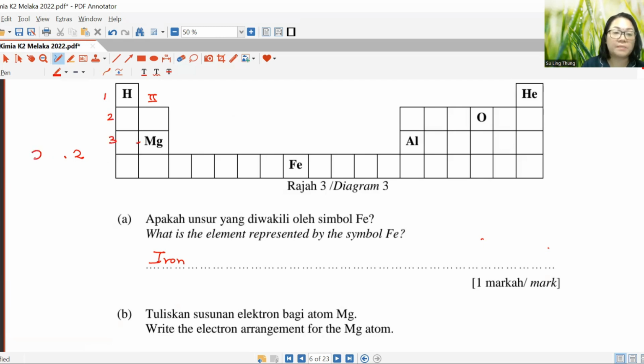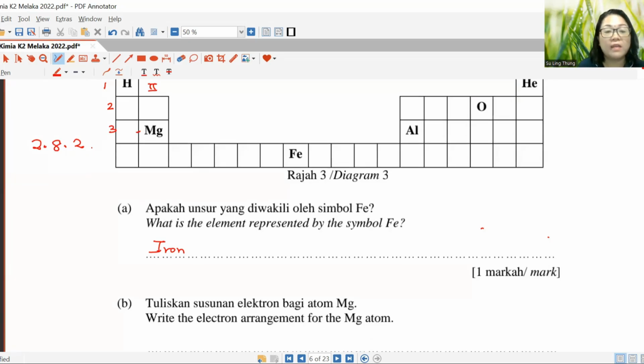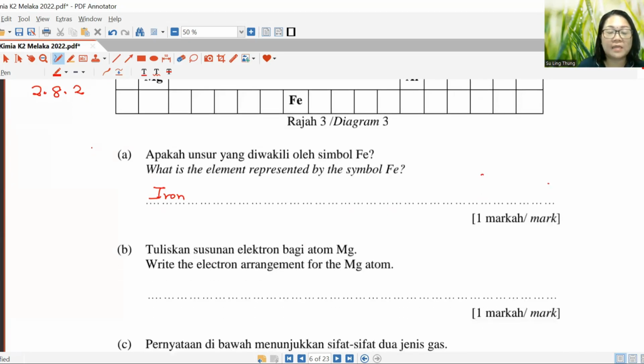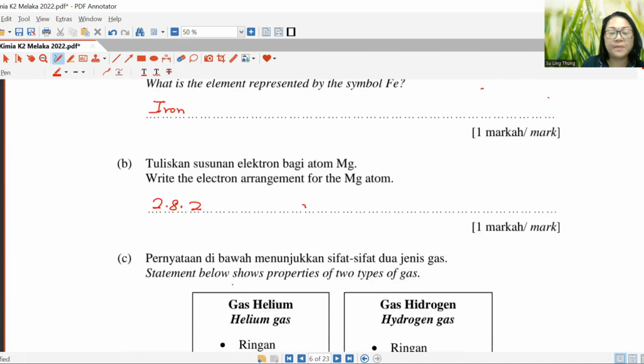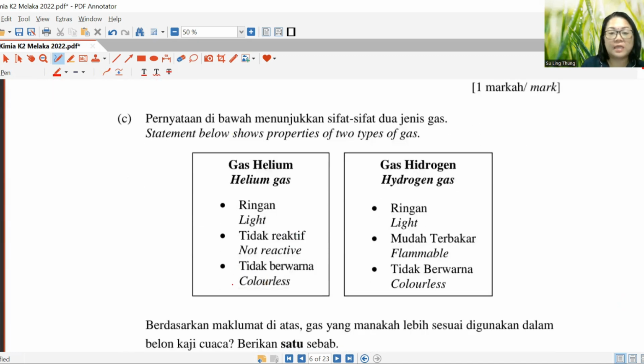If it's in the 3rd period, it must have 3 shells filled with electrons. So for magnesium atom, the electron arrangement will be 2.8.2.